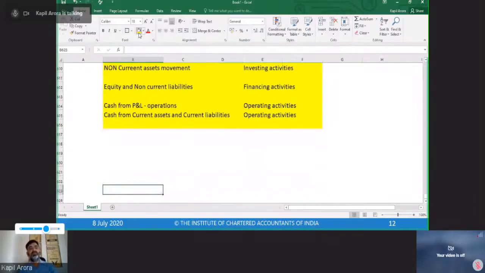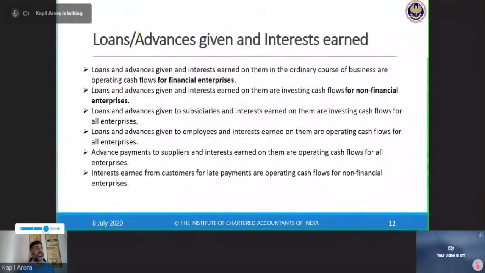But now coming to some typical issues. There we need to understand what happens if I am a lender and I am earning interest on the money I have lent.